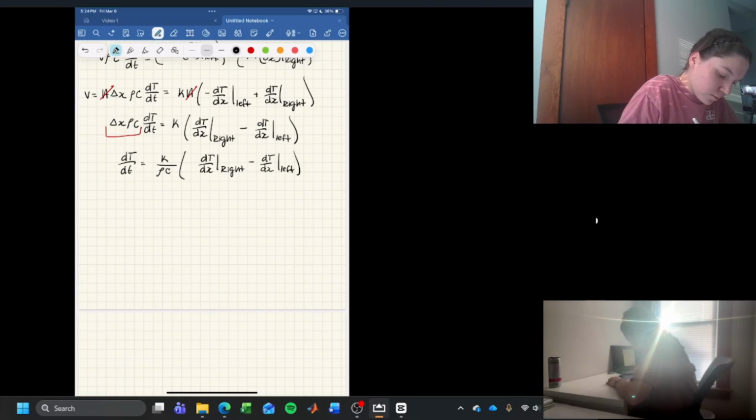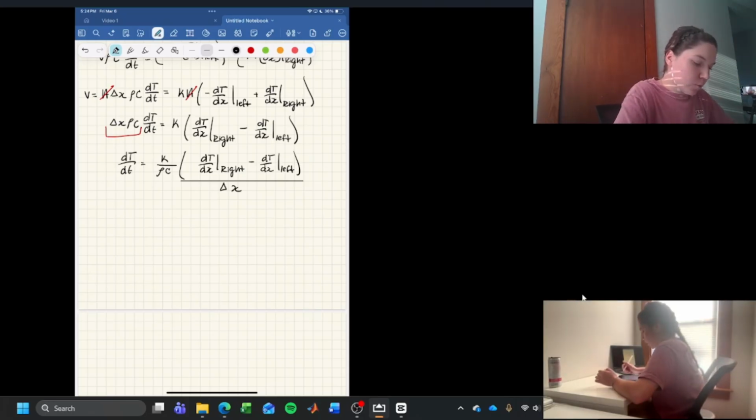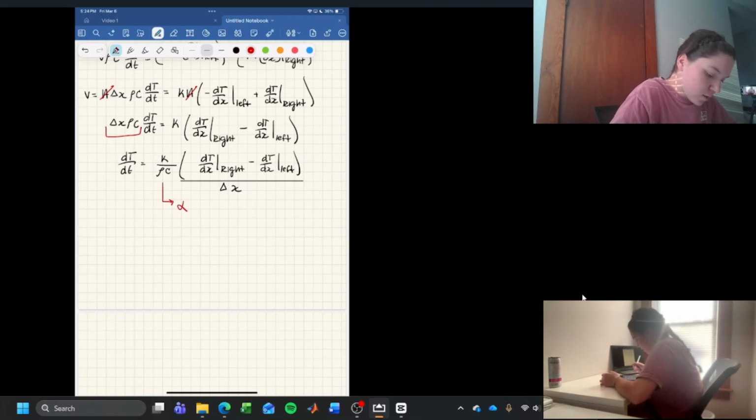And this is going to be divided by the change in position. And then we can recall once again that this is really thermal diffusivity.